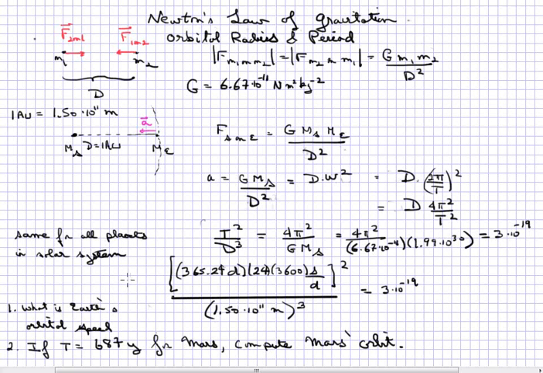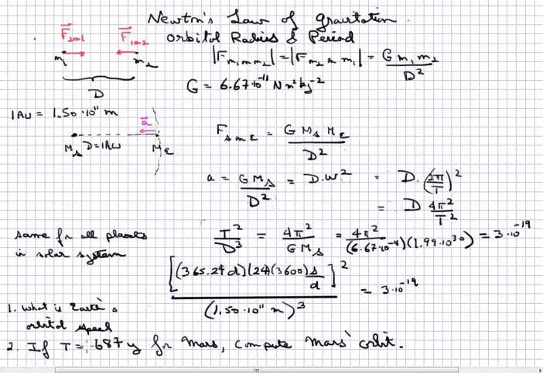Since T squared over d cubed is a constant, this ratio is the same for all planets in the solar system. We showed that for Earth it's true, but it's true for the other planets as well.